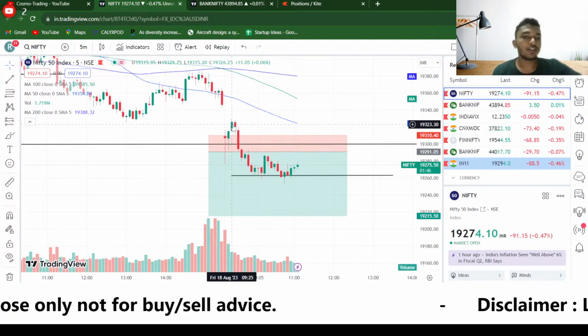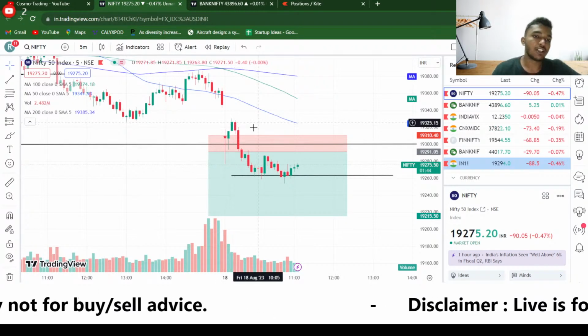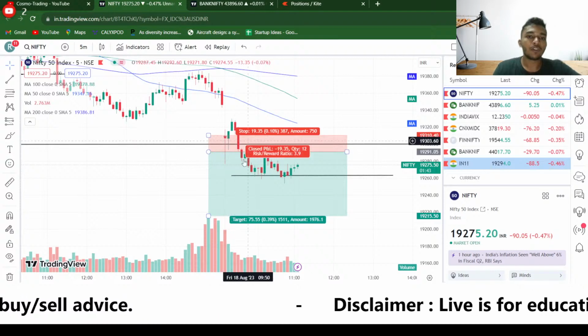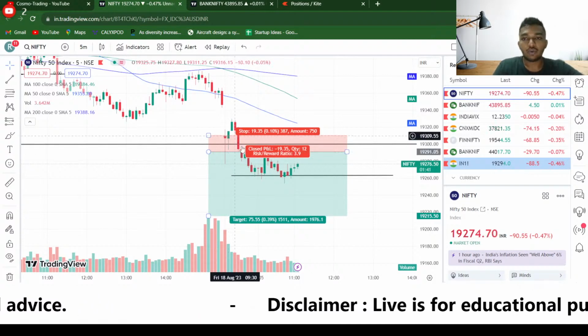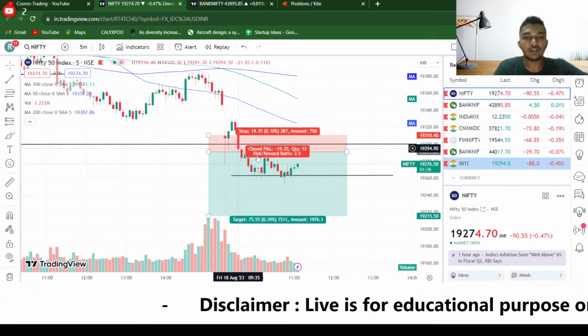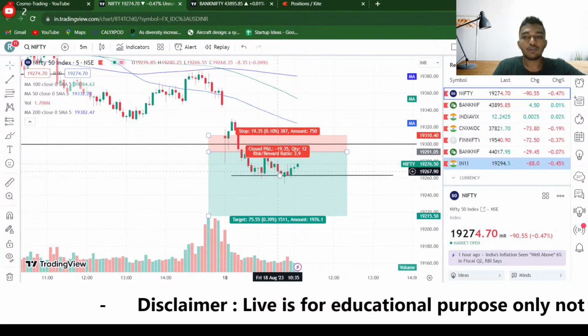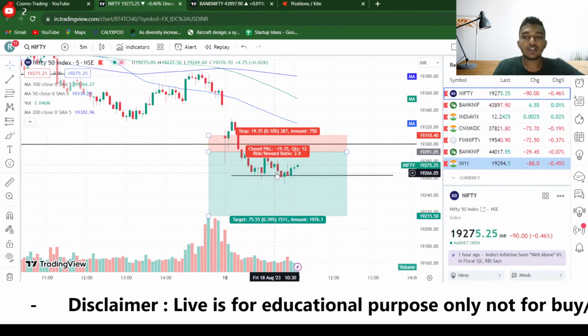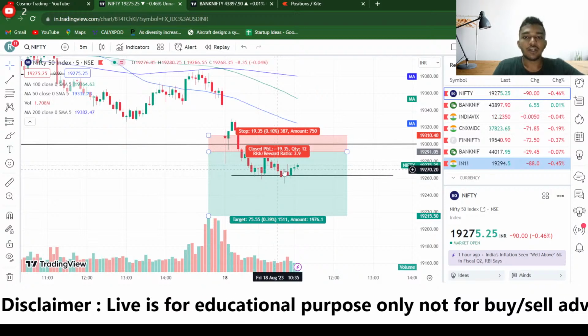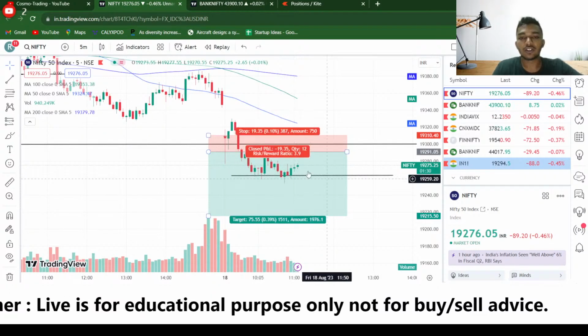When I entered, it did hit my second stop loss. Then I took the third trade, which is below 19,300, and I booked my position near the 19,265 area, because I thought this could be a reversal area on Nifty.